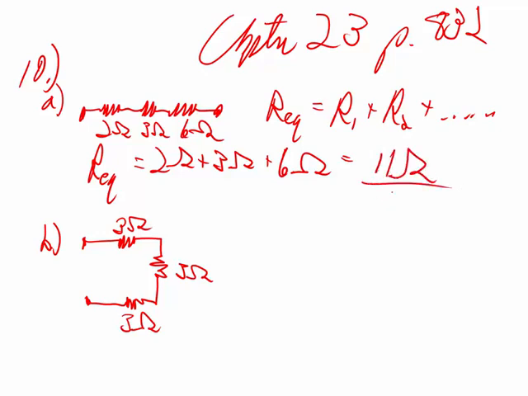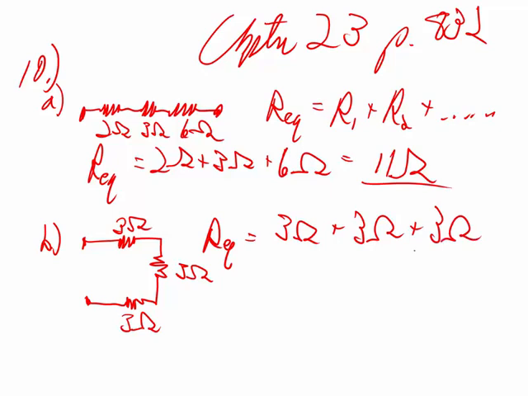So we'd have 11 ohms on that diagram, and then on this diagram, REQ is equal to 3 ohms plus 3 ohms plus 3 ohms, which is 9 ohms. That one's so easy, I'm almost ashamed to give it to you. So those are the answers for 10A and 10B.